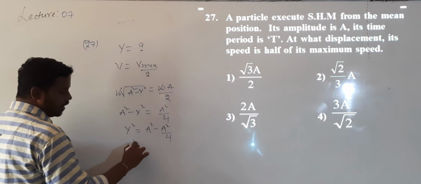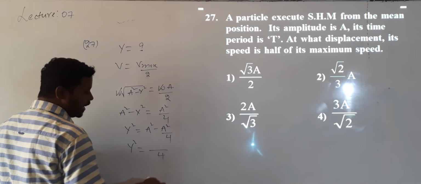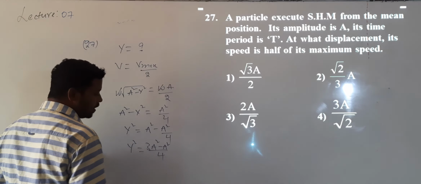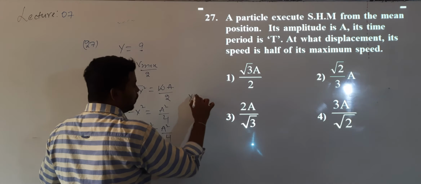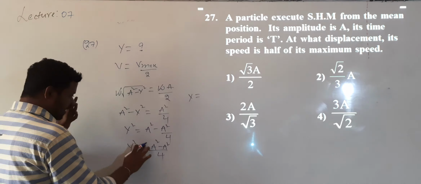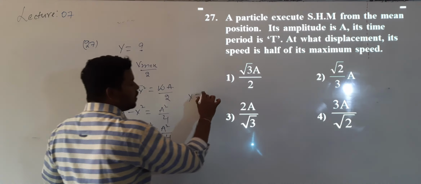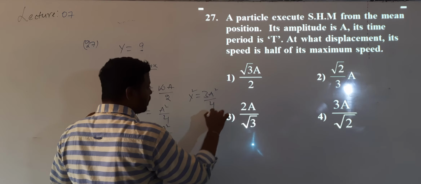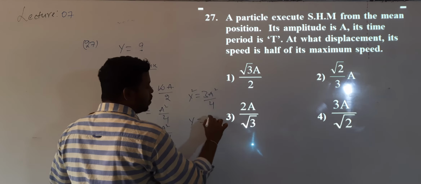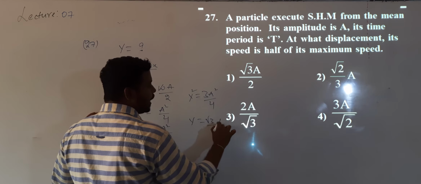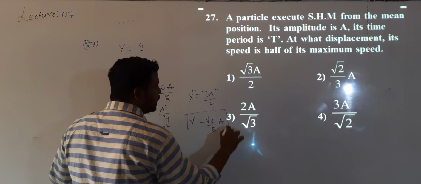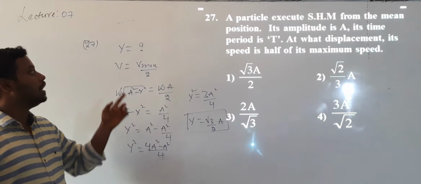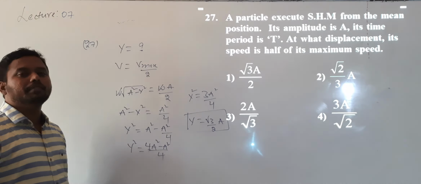So y square is equal to, 4 is the LCM, 4a square minus a square by 4, which is 3a square by 4. What is y? Root 3 by 2 into A. At a displacement of root 3 by 2 into A, velocity will be half of the maximum speed.